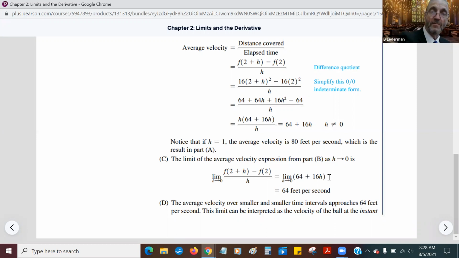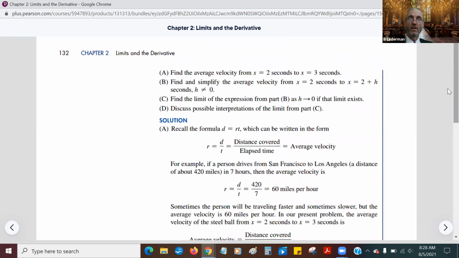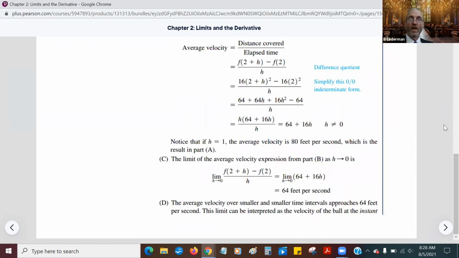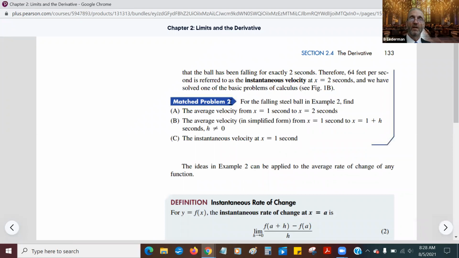So let's move on. And D, discuss the possible interpretations of the limit from part C. Okay, fair enough. Well, the average velocity over smaller and smaller time intervals approaches 64 feet per second. This limit can be interpreted as the velocity of the ball at the instant of 2 seconds, that the ball has been falling for exactly 2 seconds.